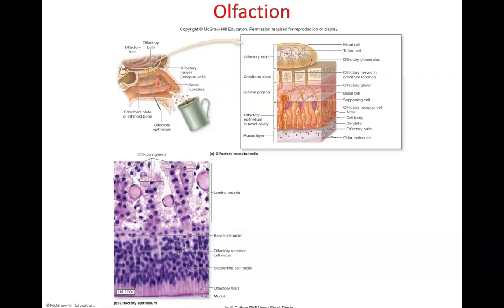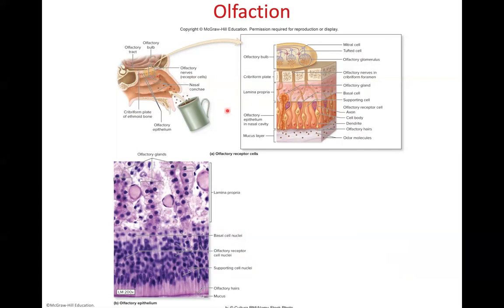And they're traveling up through the nasal cavity, and they're making physical contact with the olfactory epithelium up here, binding to receptor cells in the olfactory epithelium. Remember, this is right below that cribriform plate of the ethmoid bone. And then that information gets passed along the olfactory tract to the brain for processing.